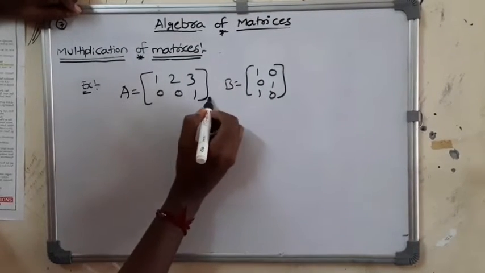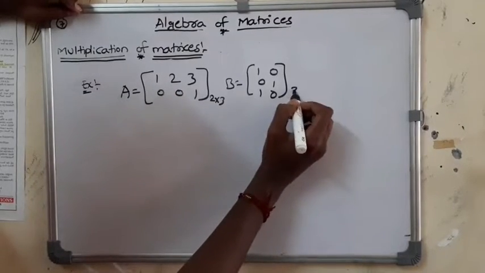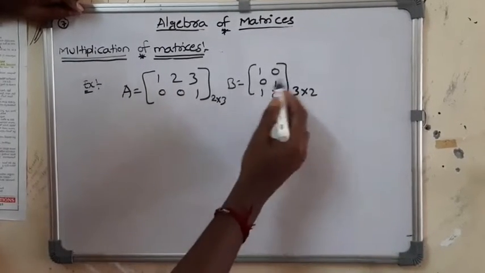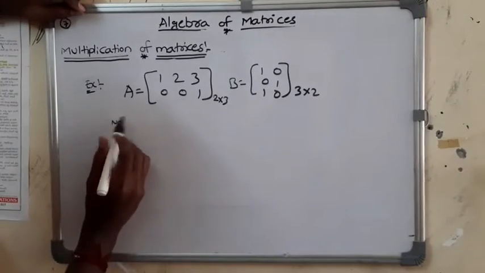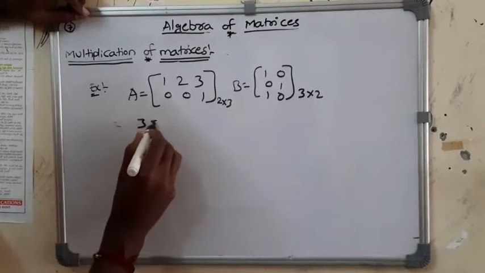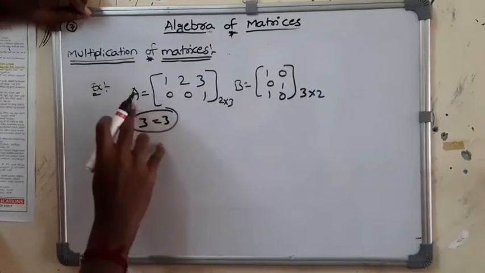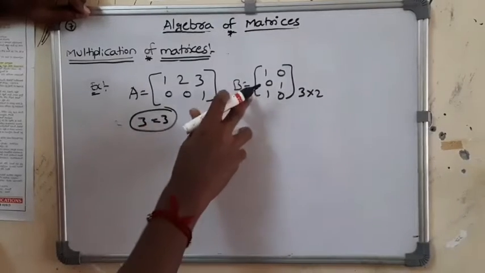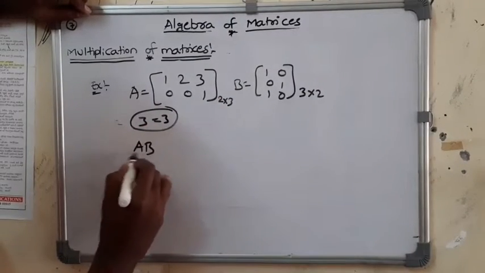Here A is of order 2 by 3, 2 rows and 3 columns. B is of order 3 by 2, 3 rows and 2 columns. If we observe, the number of columns in A is 3 and the number of rows in B is 3. So they are the same, which is 3, and we can get the AB value.